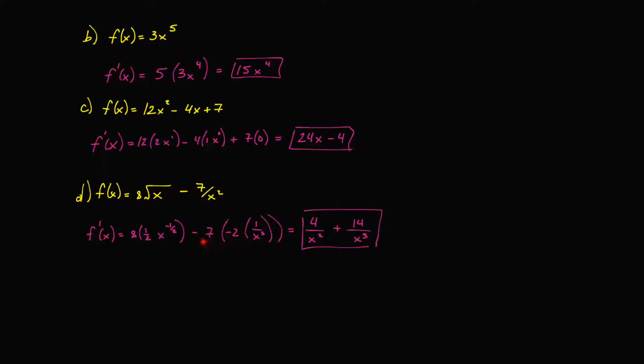So this is going to give you negative 7 times the negative 2, because originally, remember, it was x squared in the denominator, and the only way that could be x squared in the denominator is if I rewrite it as x raised to the negative 2. So you have that, and if I subtract further, I get a higher exponent in the denominator, resulting in 4 over x squared plus 14 over x cubed.